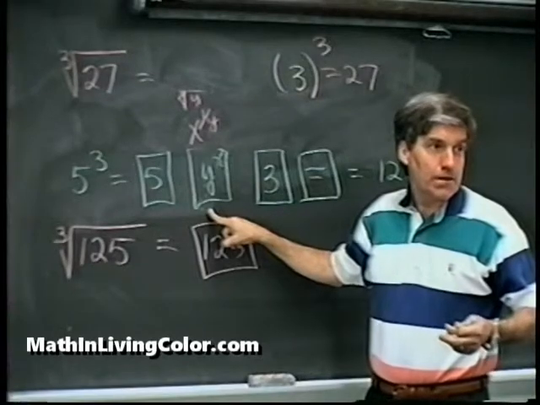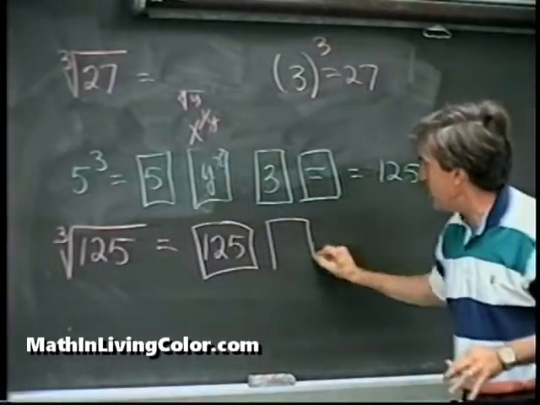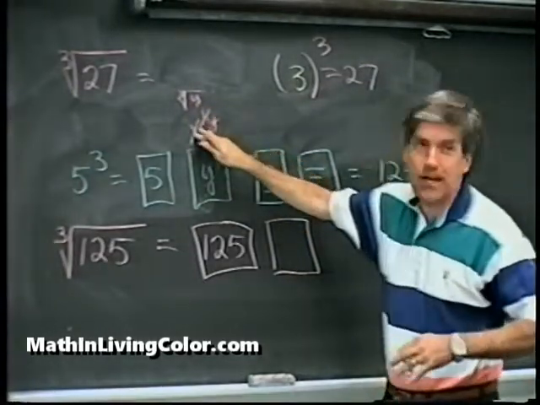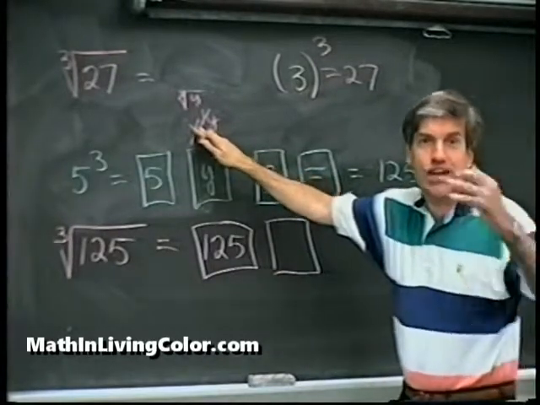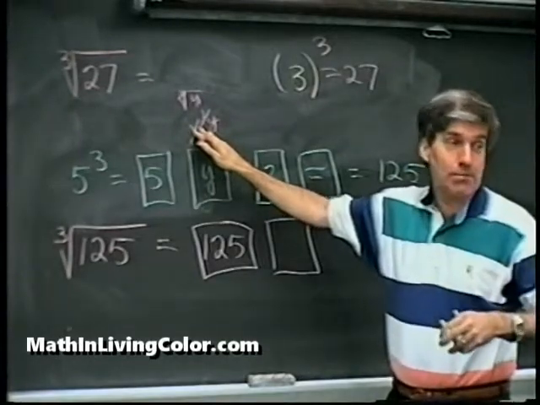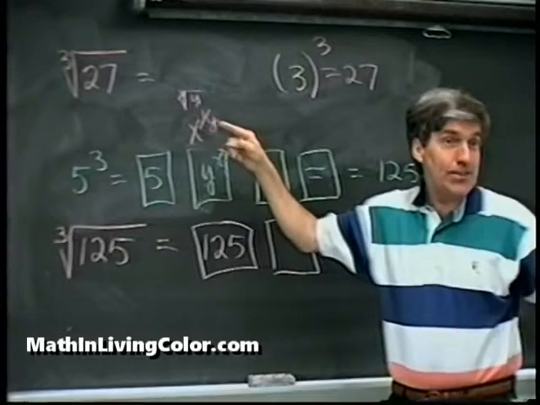Okay? Now, if you found that button, let me do this with you. In order to get to this function that's off the calculator, what are you going to have to do? You've got something on the calculator called a second function, or a 3rd function, as the case may be. Some of you may have a cube root button on your calculator, and it may be the 3rd function.